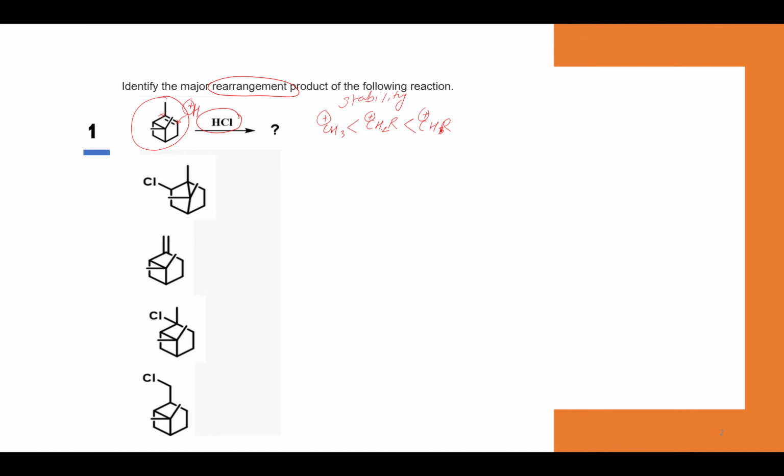But if protonation is done over here, then the carbocation will generate at this center. So between these two carbons, the carbocation will be more stable on this carbon atom. That's why the carbocation will be generated over here and protonation will happen on this carbon.